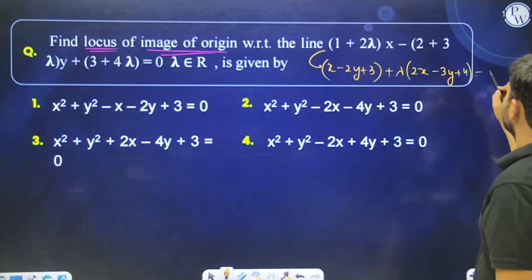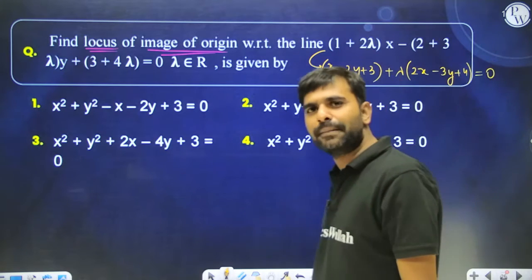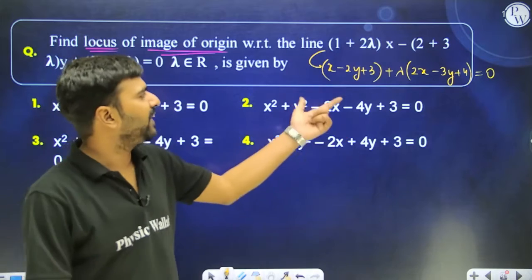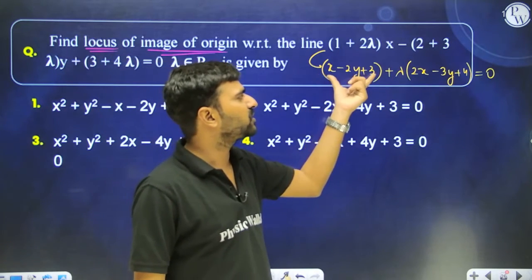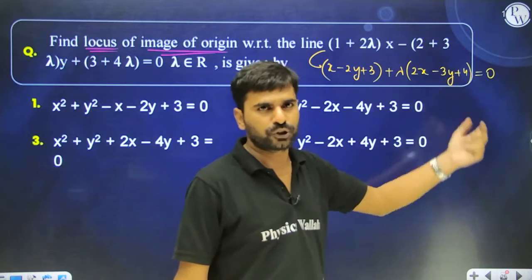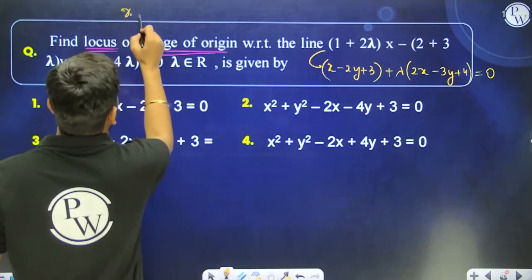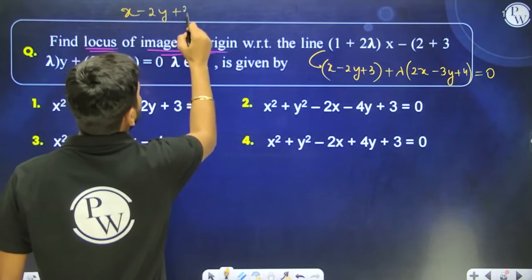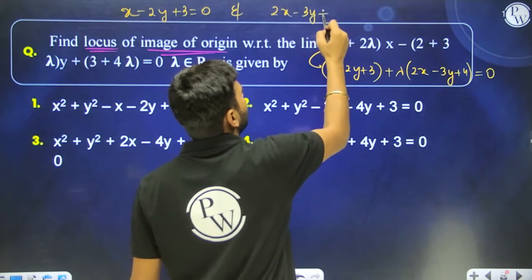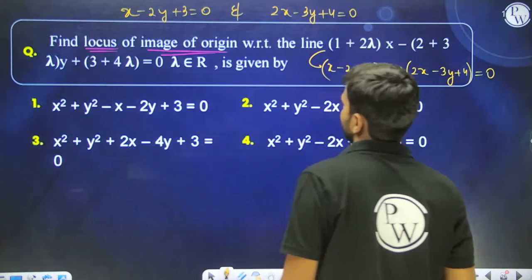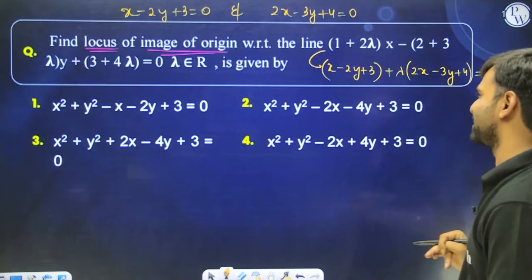Okay, so this is L1 plus lambda L2 equal to 0, a family of lines. So this represents lines passing through the point of intersection of this equal to 0 and this equal to 0. Can you first find out the point of intersection of these two lines, kids? Do let me know.